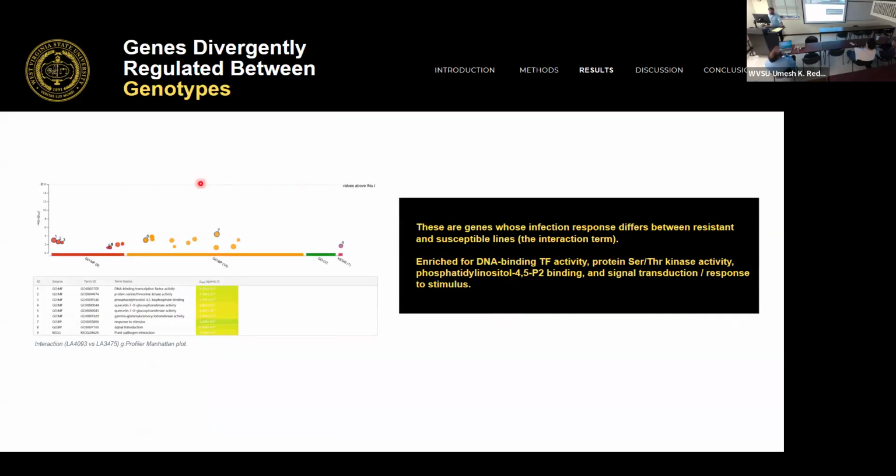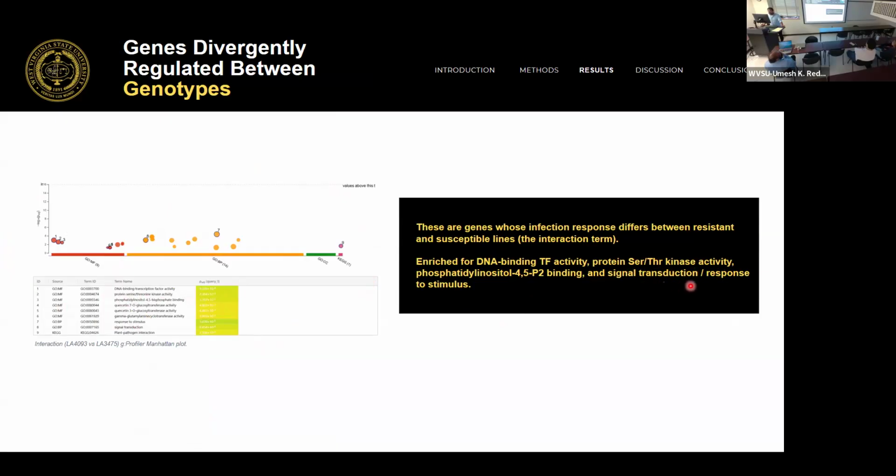This plot here shows the genes whose response to infection differs in the two lines, and we can see from the data here that they are mostly enriched in DNA binding transcription factor activity and certain kinase activity.